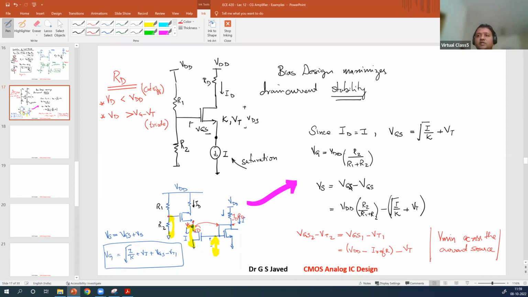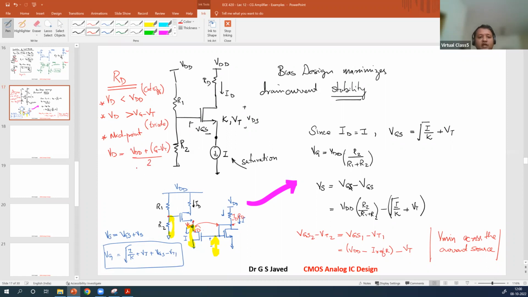So generally what you do is you set it halfway through, at the midpoint. What will be that midpoint? VDD plus VG minus VT, whole divided by 2.